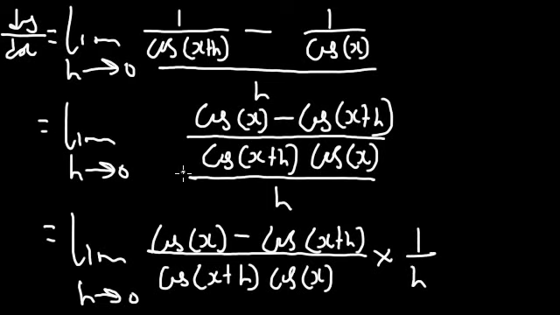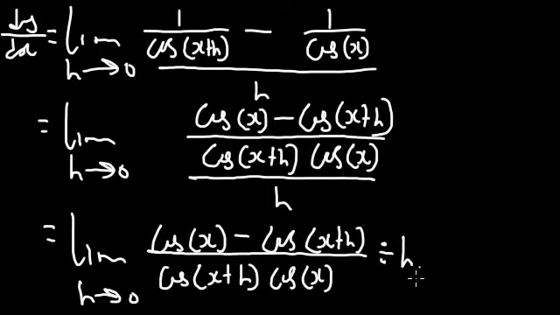So what I've done is I've turned this division into a regular product, and at the same time I flip it. And doing that, I will have to flip this one as well. Okay, this is just like divided by h.